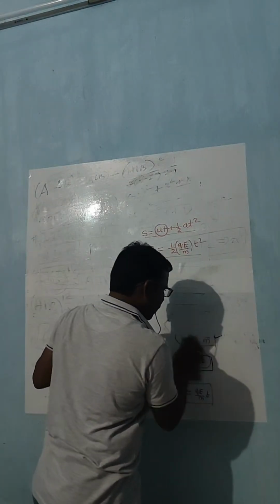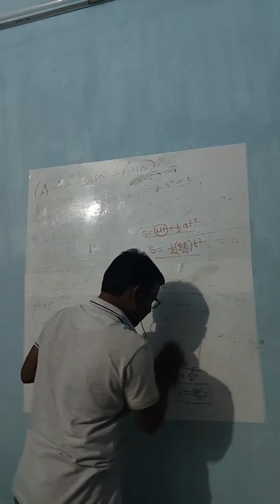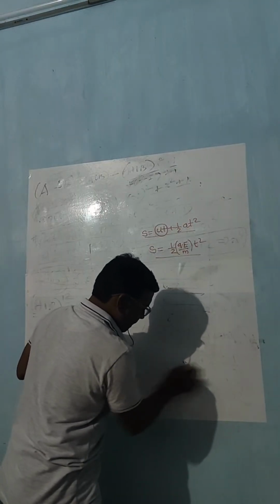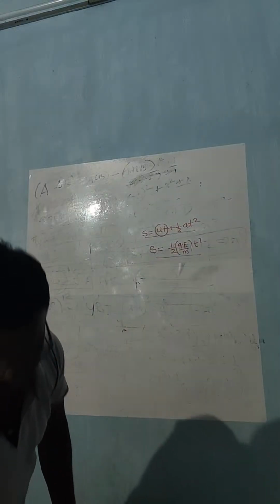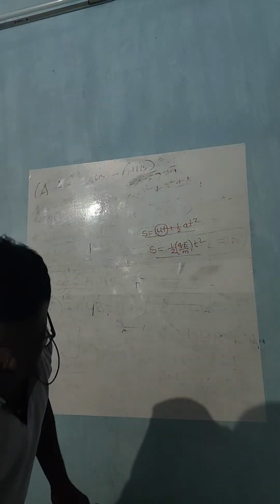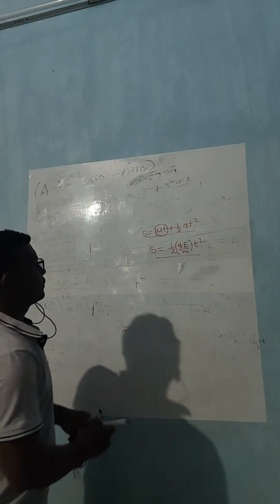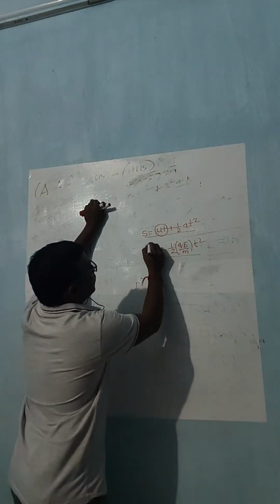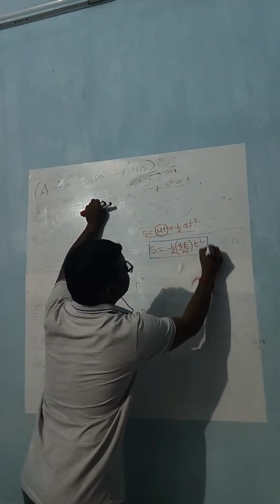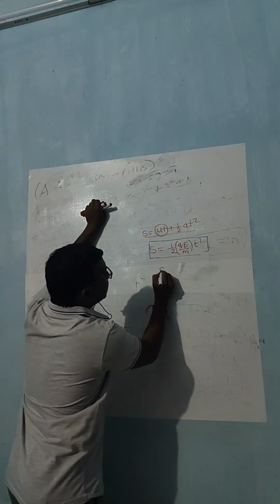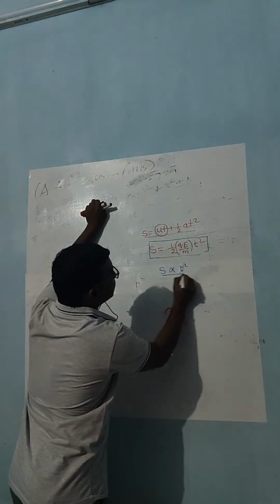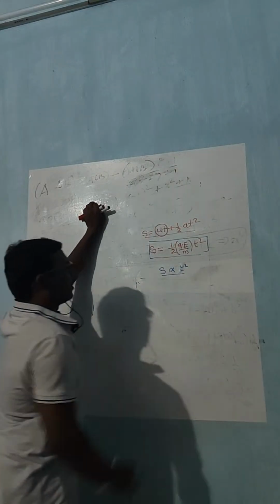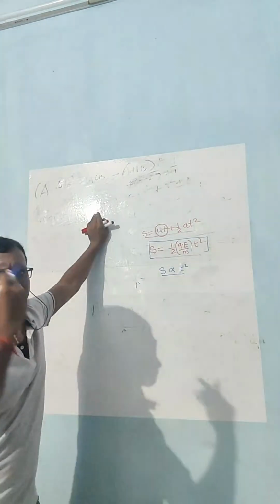Now you have to see here. In this case, it has a displacement, and s is directly proportional to t square. Look at this, this is one of the important relations. Is it visible to you?